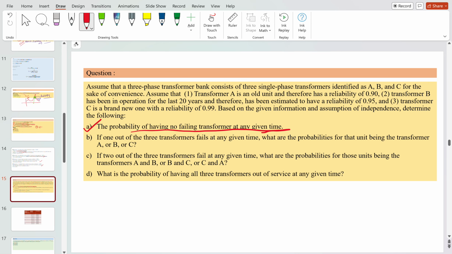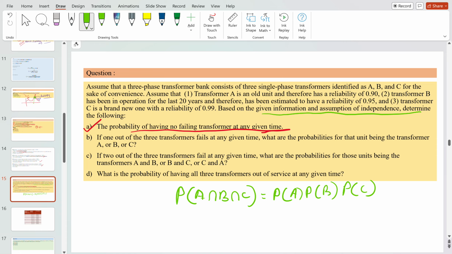Those who have not been able to solve part A, listen here. One important statement given here is the assumption of independence. When you see the independence equation, it is basically P of A intersection B intersection C, which is P(A) multiplied by P(B) multiplied by P(C).